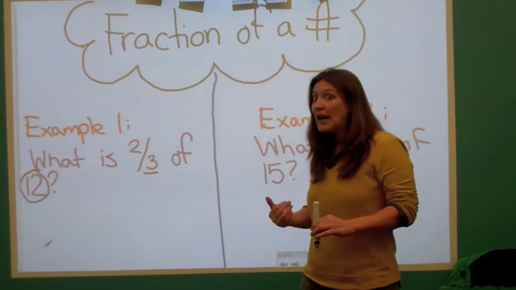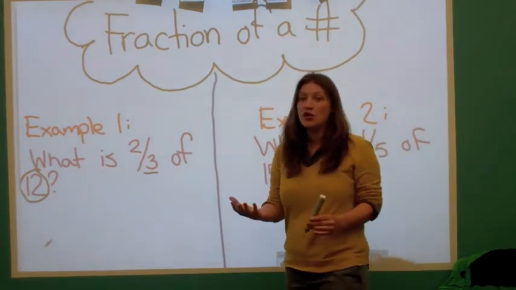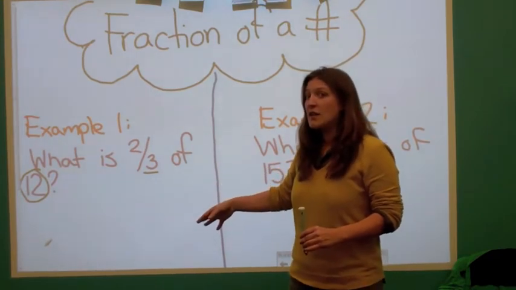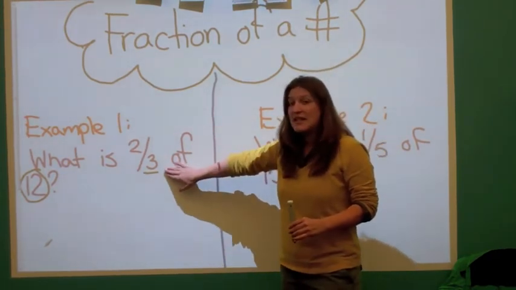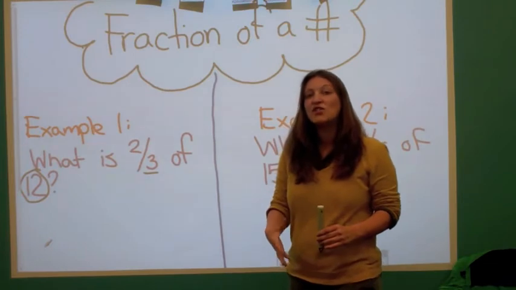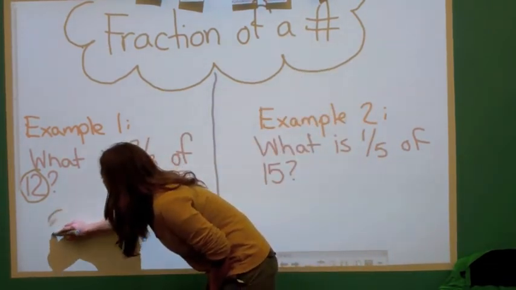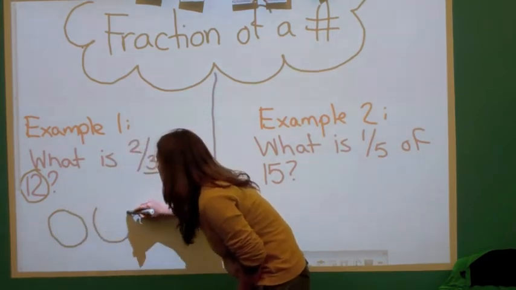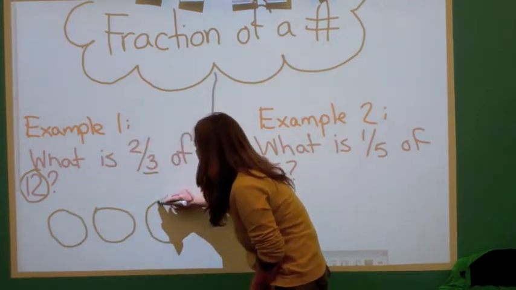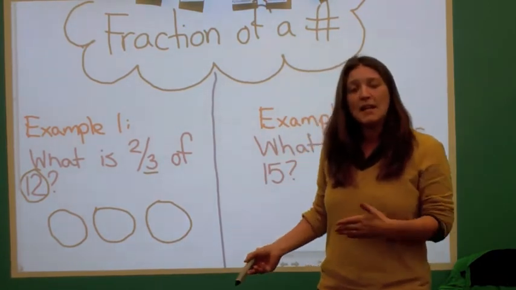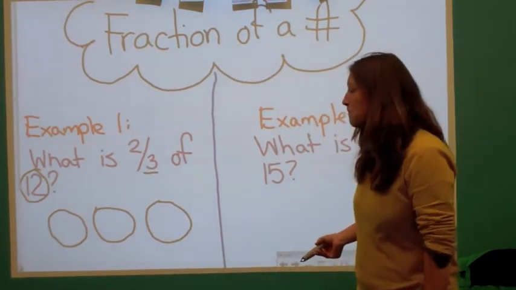And I like to create a picture when I'm trying to solve what the fraction of a number is. And 3, my denominator, is going to be how many circles I draw. So I'm going to draw it down below in my work area, 3 circles, because that's how many I had. That's the number in my denominator.